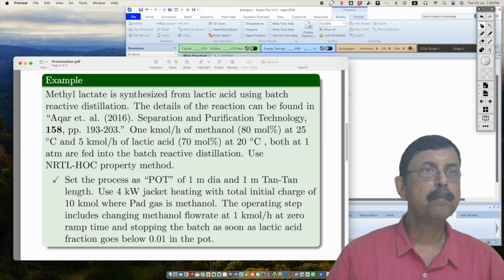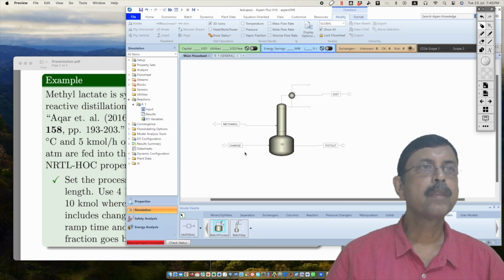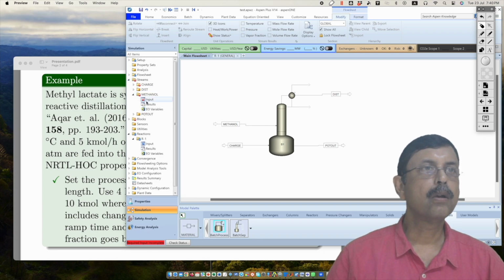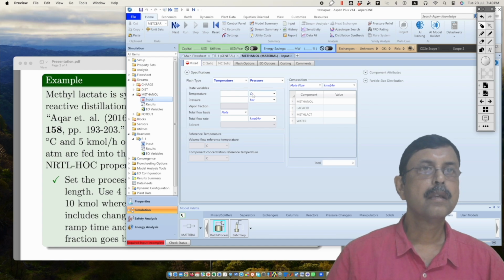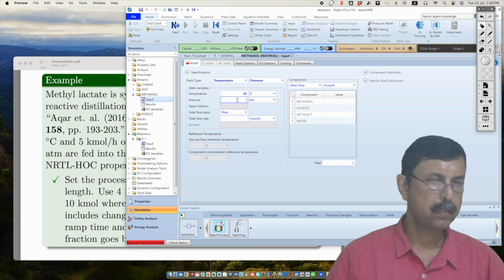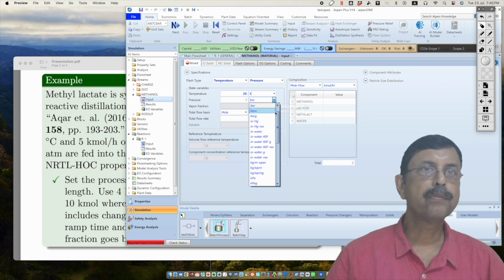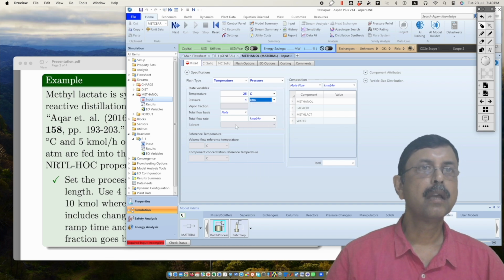Now methanol is charged at 1 kilomole per hour, 80 mole percent at 25 degrees centigrade. So methanol input at 25 degrees centigrade, 1 atmosphere pressure, 1 kilomole per hour.